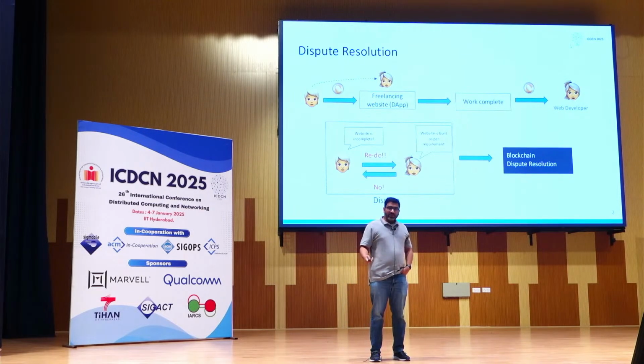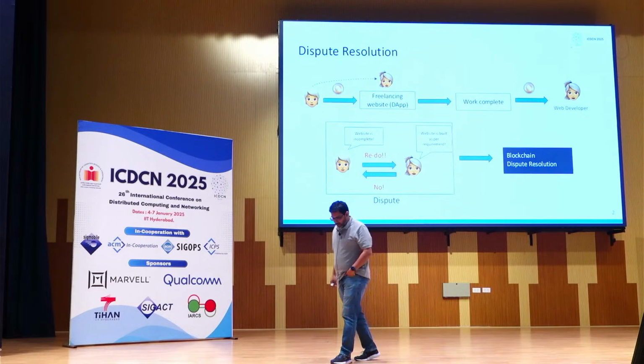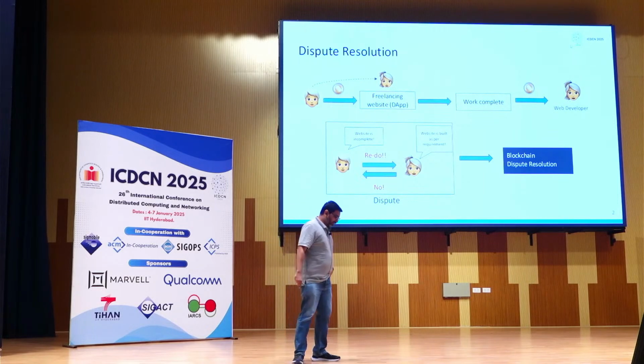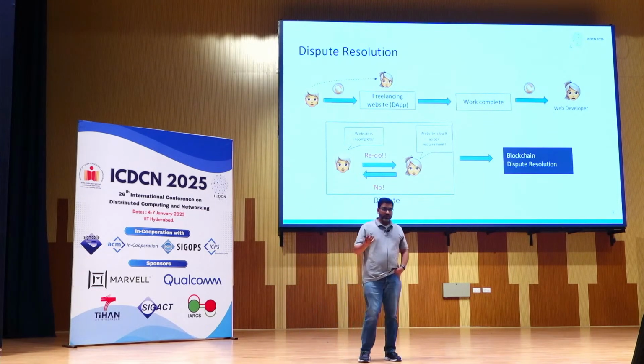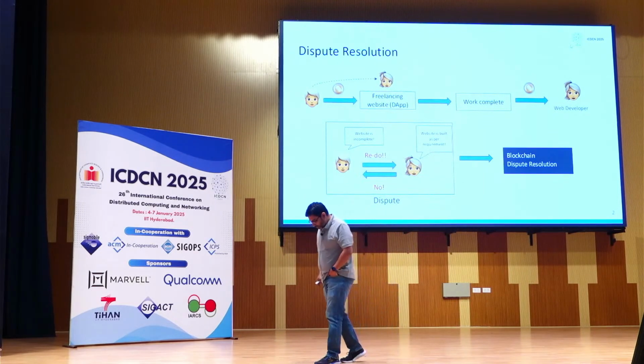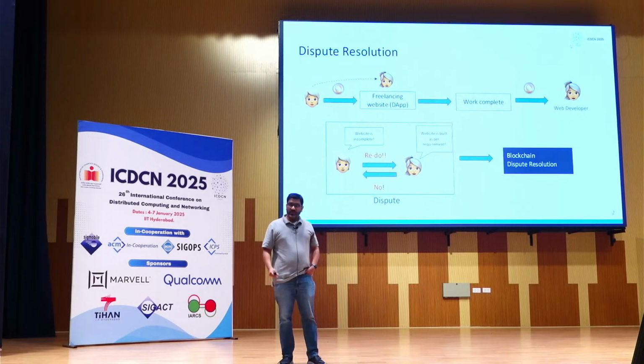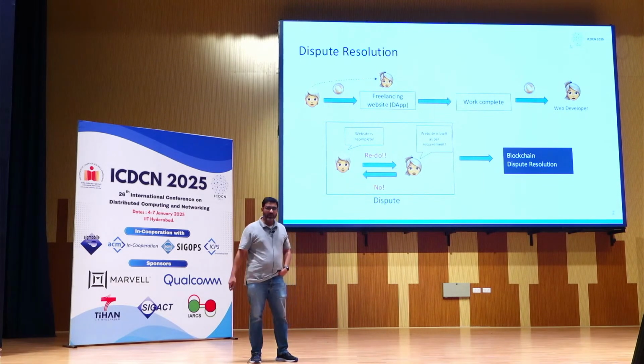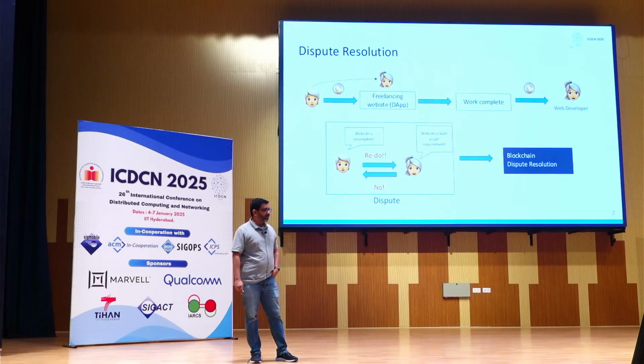And the work gets completed, but there's a dispute. Party A is not happy with the work done by Party B, but Party B feels that they've done the work. So there's a dispute, and how do you resolve these disputes? This is something that occurs quite frequently in the blockchain context.